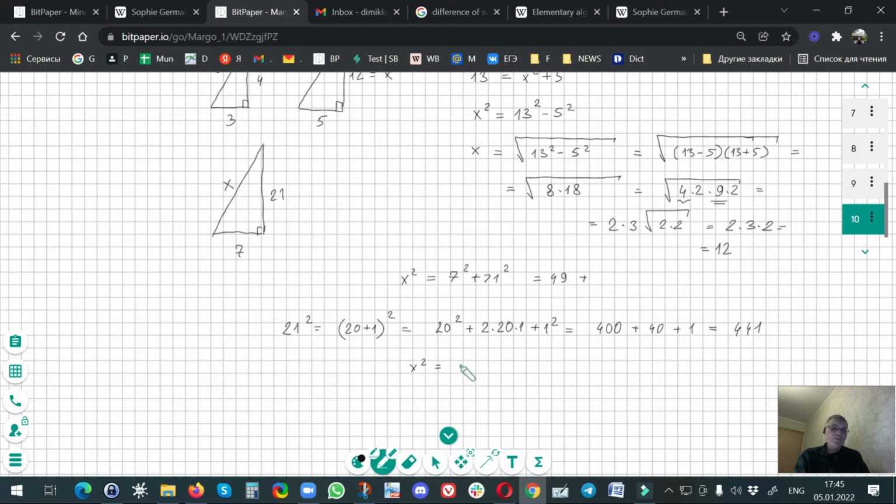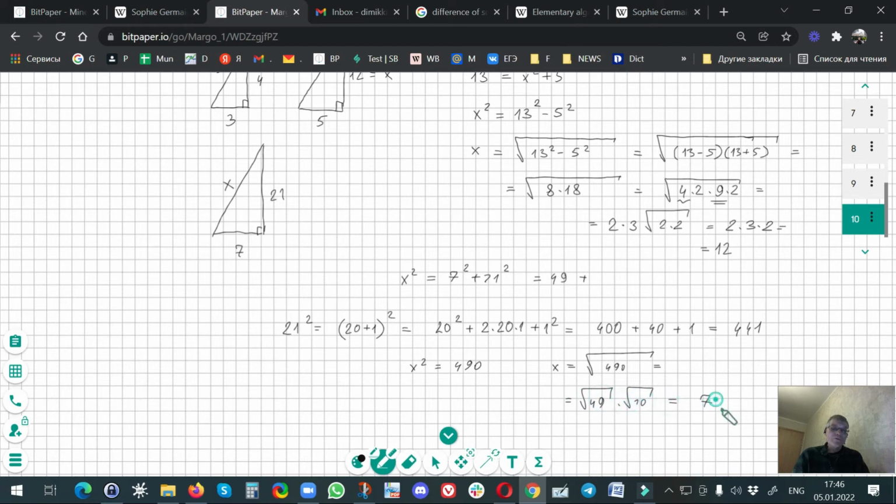441 plus 49 is 490. The square root of 490, anyway, we succeeded because I calculated my x. X is the square root of 490, which gives me the square root of 49 times the square root of 10.